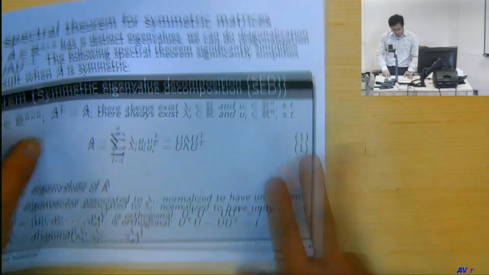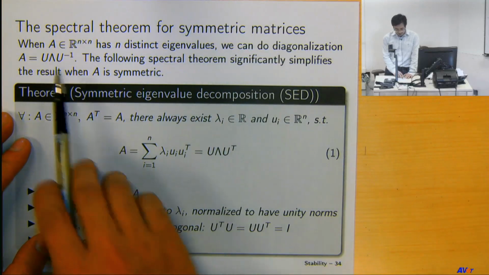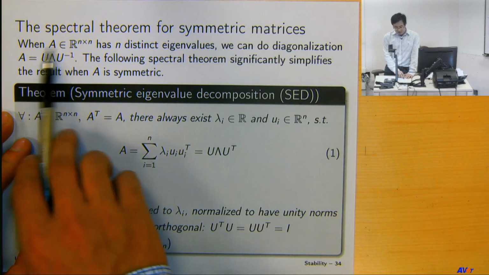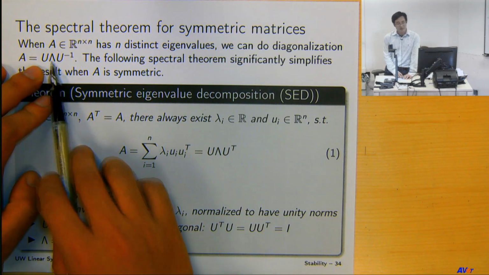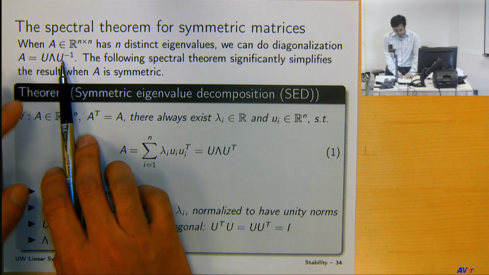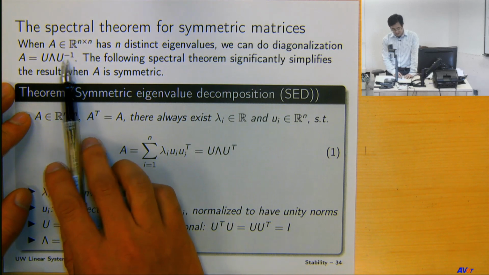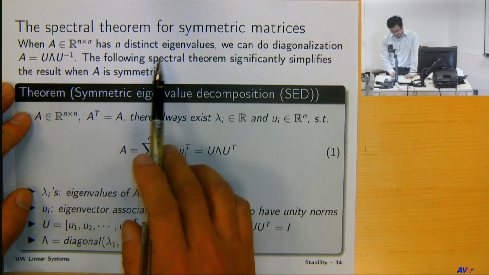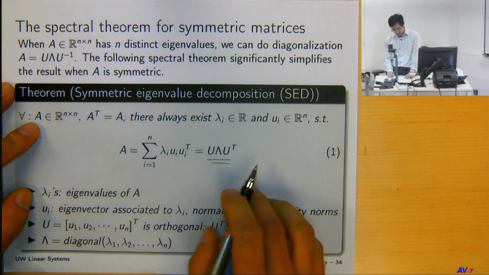All right, so let's go back to the big picture. Why do we do that? It's because this original diagonalization can be complex to compute. Computing an inverse is something that you don't want to do for higher dimensional matrices in an exam. However, if it's symmetric, then it becomes this.